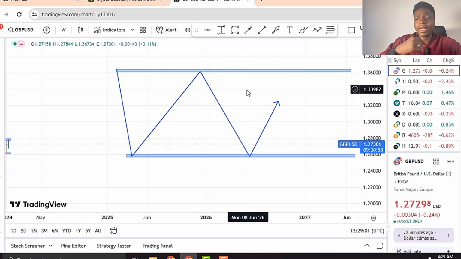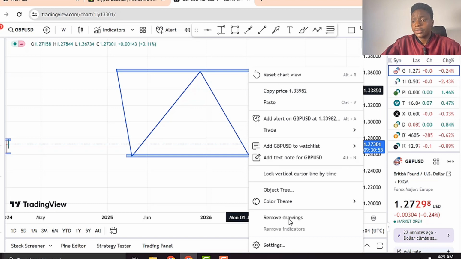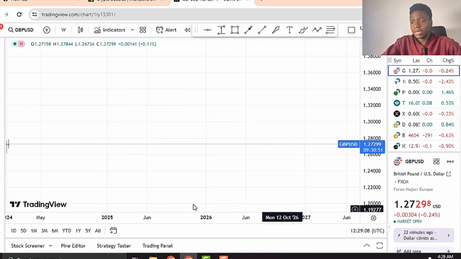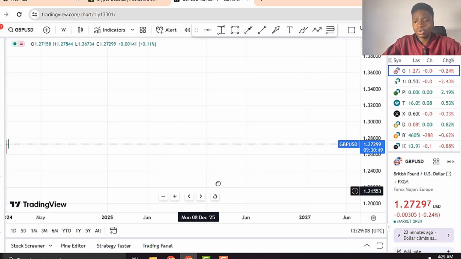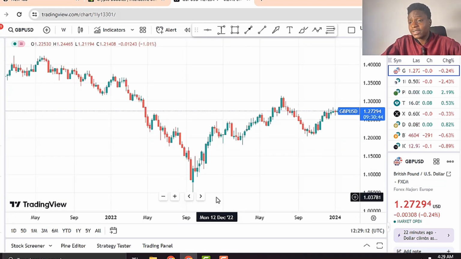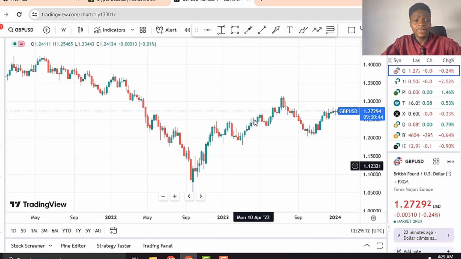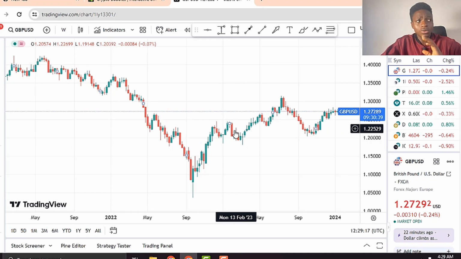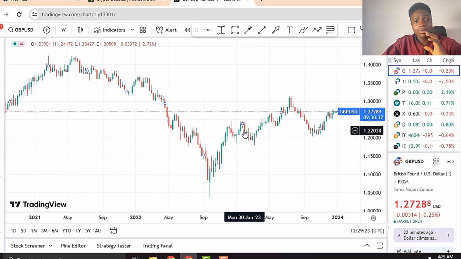So how do we apply this now to our chart? Maybe you want to use shortcuts. You don't know how to identify your support and resistance easily. But it is very, very good you practice all the way around, right? Don't forget to treat support and resistance.